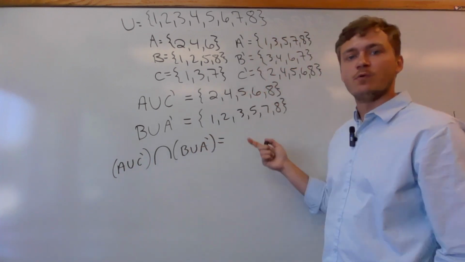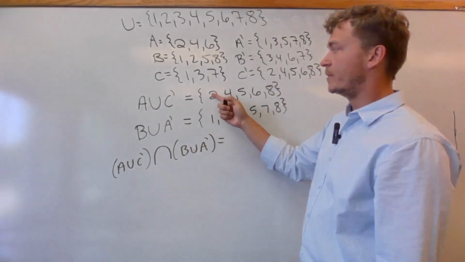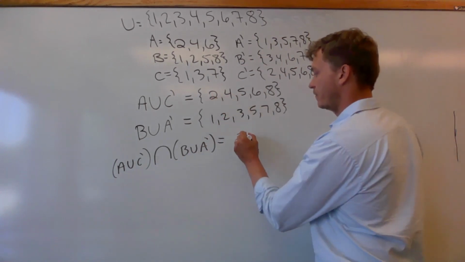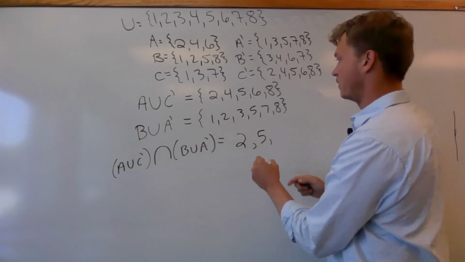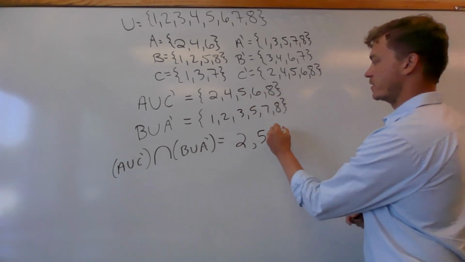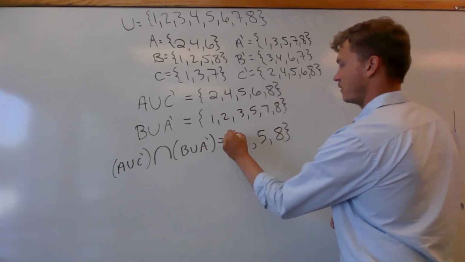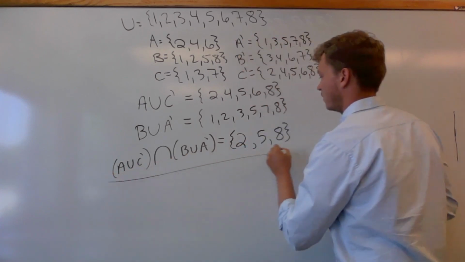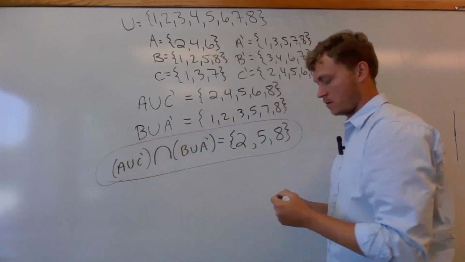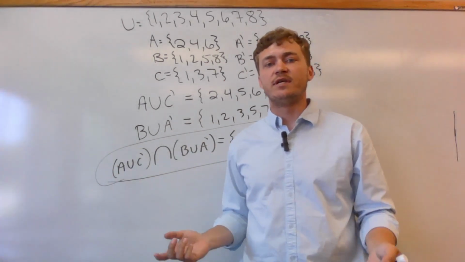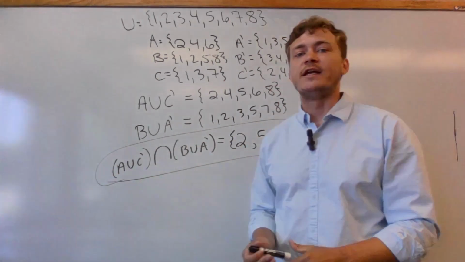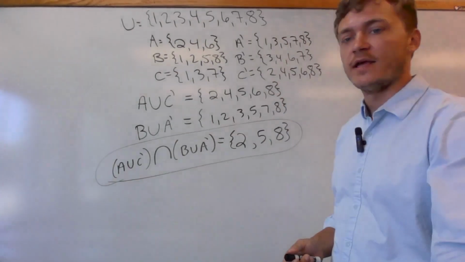For these two sets, what are the same? 1 here but not here. 2 here and here. 5 here and here. 8 here and here. Find the two union sets, then intersect the two union sets. You have your set containing the elements 2, 5, and 8.